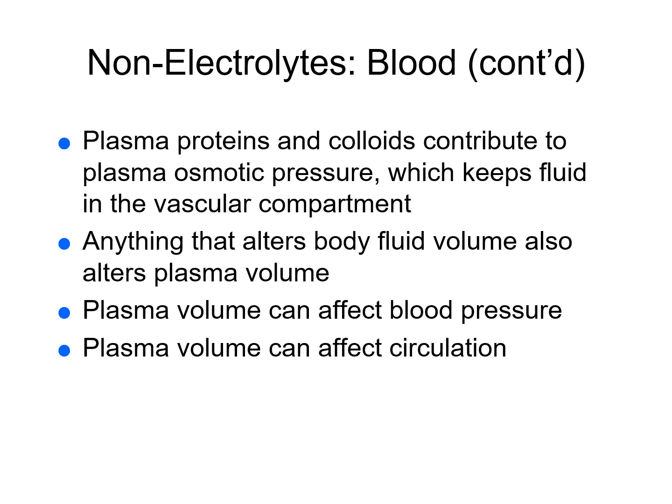So the thing with blood is plasma, proteins, and colloids contribute to plasma osmotic pressure, big words, which keeps fluid in the vascular compartment. So more or less, we've got to have proteins and colloids that contribute to this pressure. Our body has osmotic pressure built up within systems within the body. So that's how things stay where they're supposed to stay.